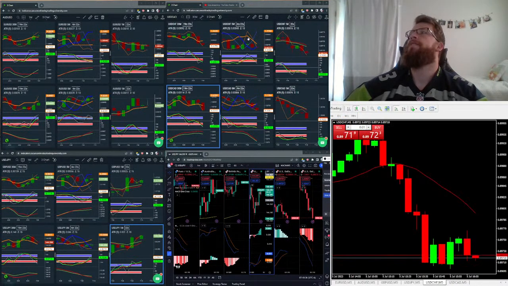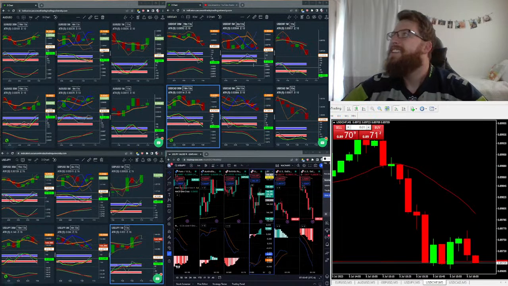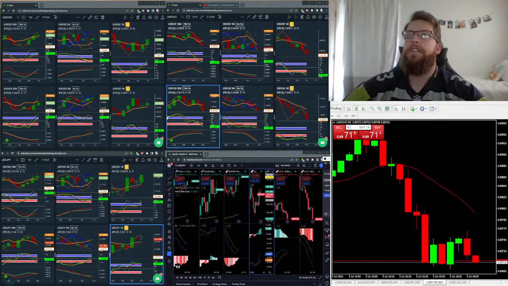Oranges go in the direction of the trade, blues go in the opposite direction, so this is actually the perfect short setup. Just kind of waiting for the, ooh, that actually looks good at the close of this 1 minute.